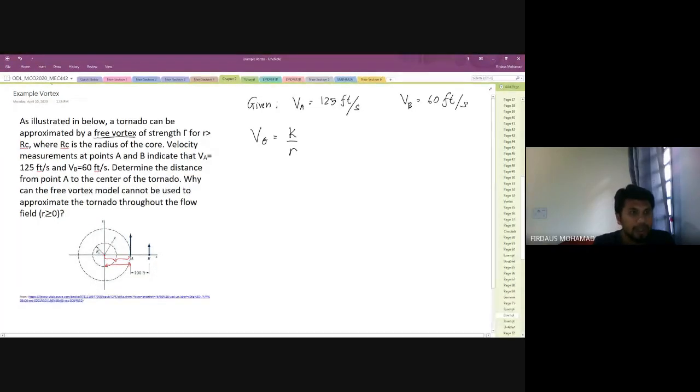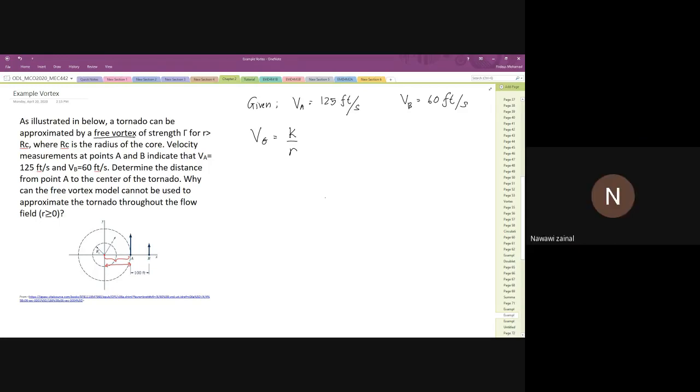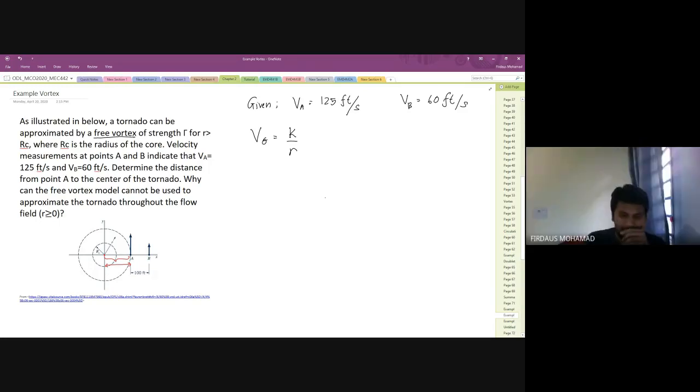Okay, so this is based on free vortex. So anyone got an idea how to solve for this example? Okay, so based on the vortex, it is based on tangential velocity, and k is a constant.